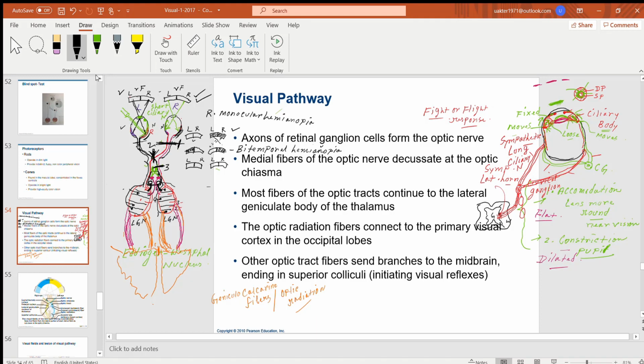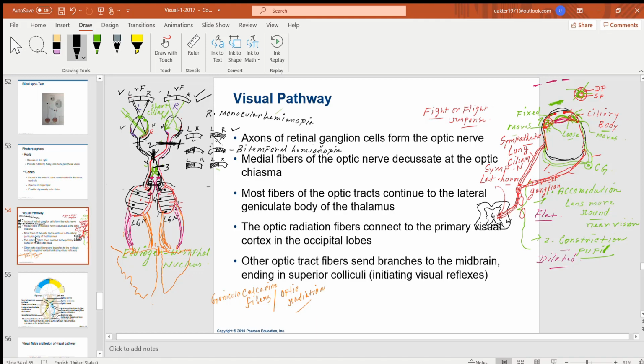Makes sense? So now I have dissected here. The fields that will be affected: let's first see the temporal side of the same side's eye, that means the left hemifield. So left side of right, and the contralateral fibers coming from the nasal side, that means the temporal side will be affected in the right eye. Makes sense, right?